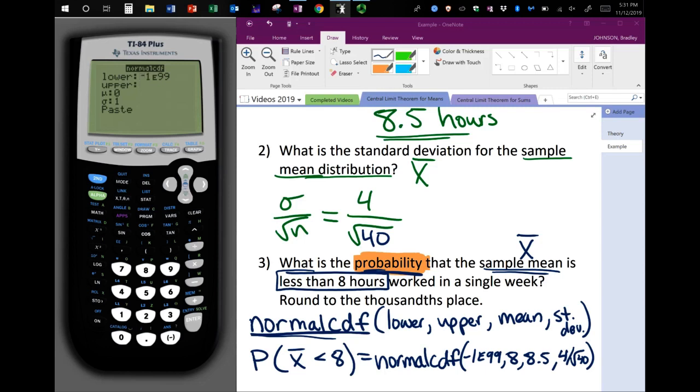Now, the lower bound, we have the upper bound. Mu stayed the same at 8.5. The standard deviation changed, though, to 4 divided by square root of 40. Now, when you hit enter, you will see that it listed it out just like I wrote out here. If I go all the way to the left, you can see that.